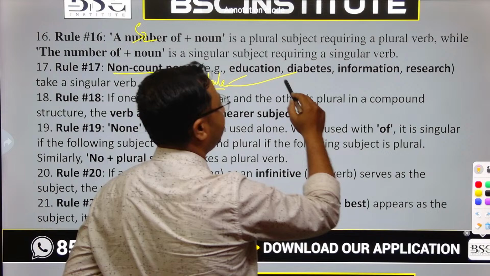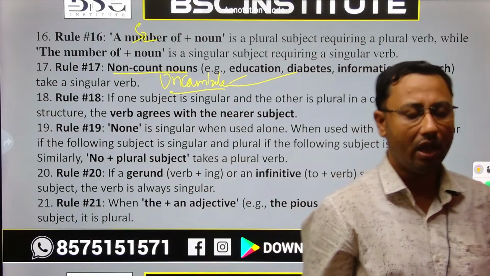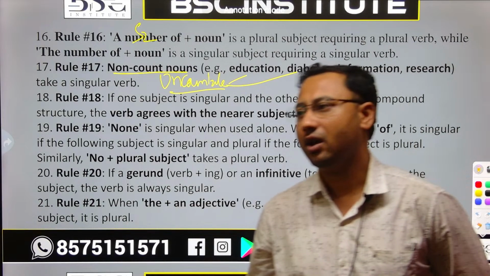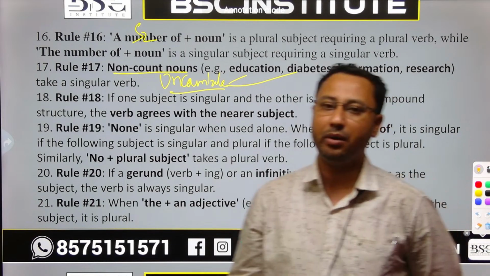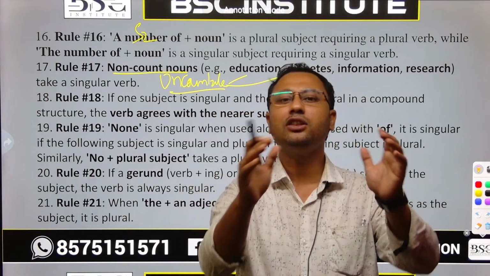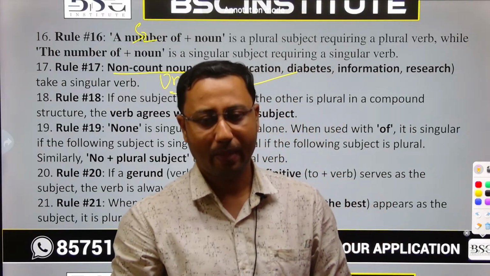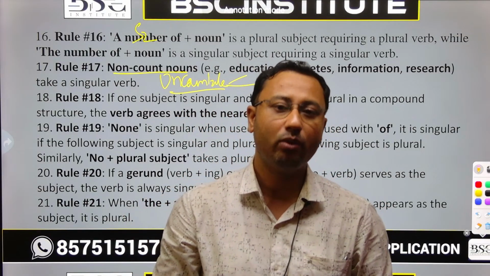But again and again I am telling you, there are a number of words which are actually uncountable. When we were in school we learned uncountable nouns. How to identify uncountable nouns? By seeing the object, জিনিস দেখে আমরা বুঝি, যেরকম চাল, ডাল, লবণ, এগুলো আমরা uncountable শিখেছি.